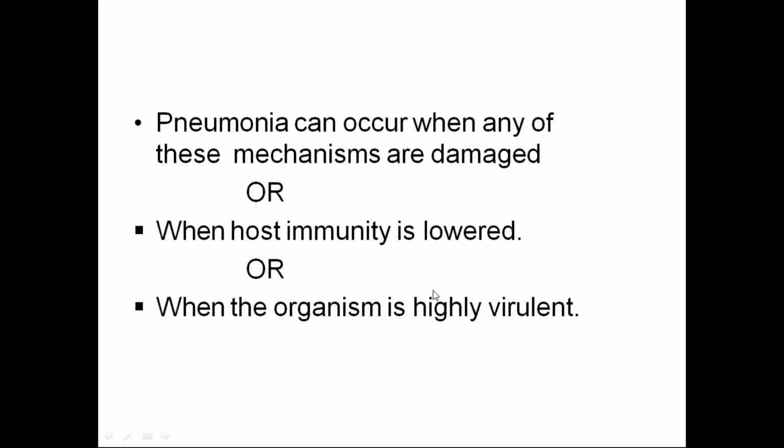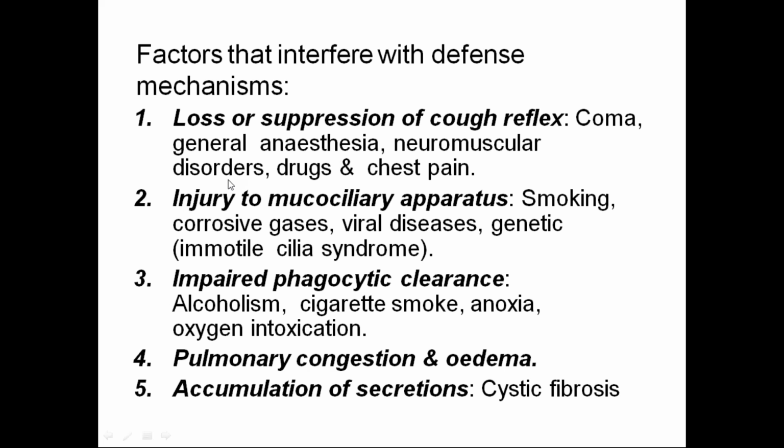So pneumonia can occur when any of these three mechanisms are damaged, or when the host immunity is lowered, or when the organism is highly virulent. Coming to the factors which interfere with the three defense mechanisms: first is loss or suppression of the cough reflex, usually seen in comatose patients or patients undergoing general anesthesia, and in neuromuscular disorders, drugs, and chest pain.